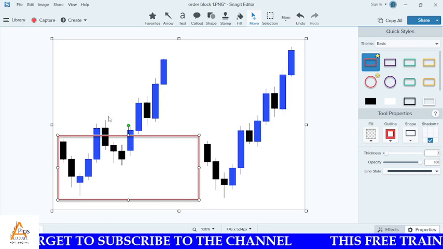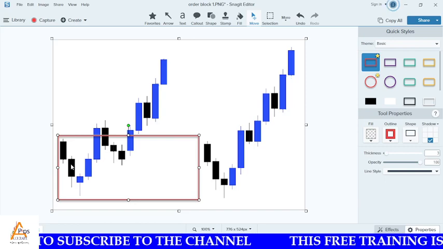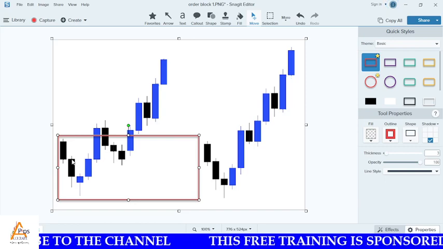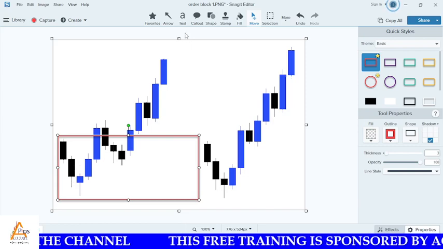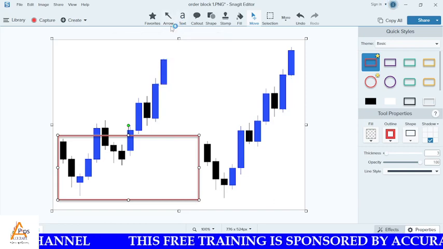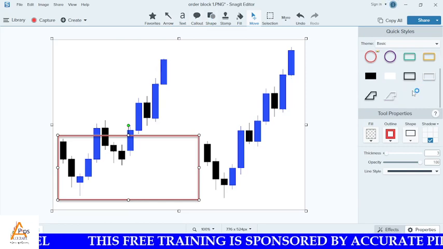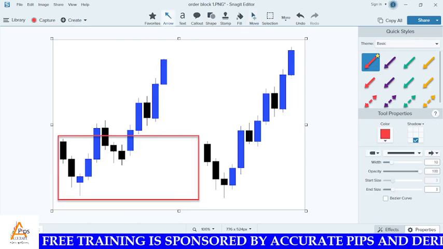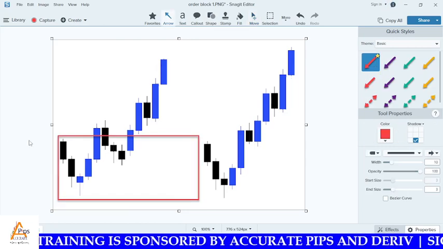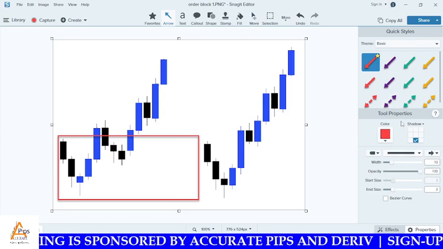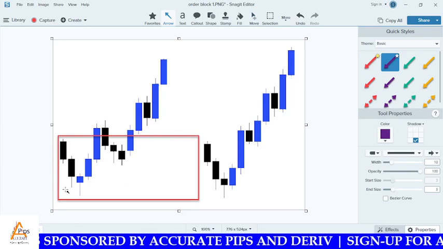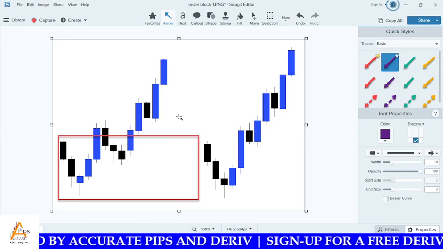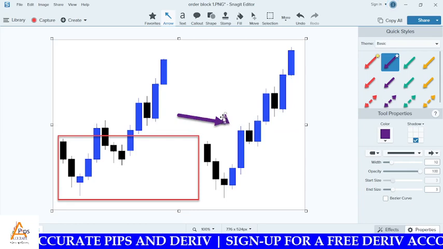In this case, though this candle here is black, showing a bearish candle, it doesn't mean it is the last selling candle. Why? Because you see this area here.